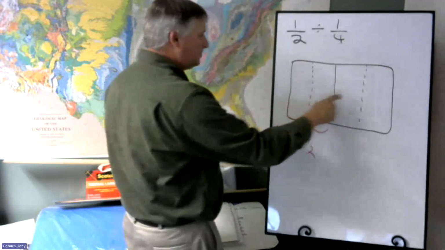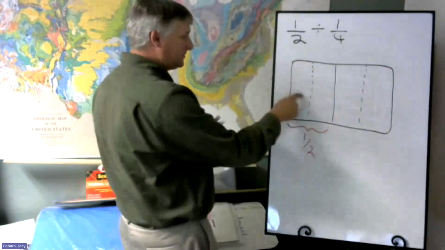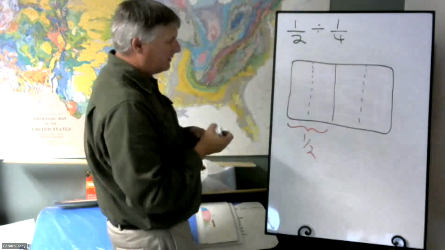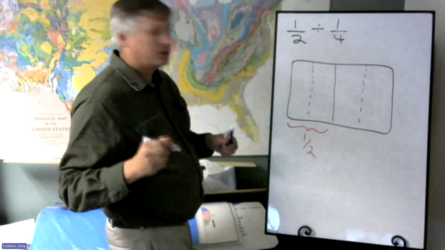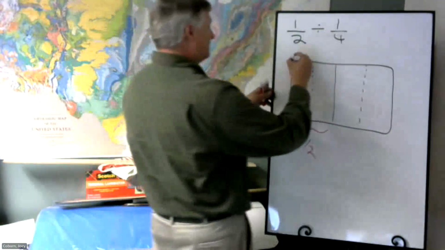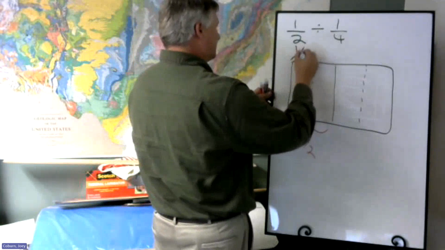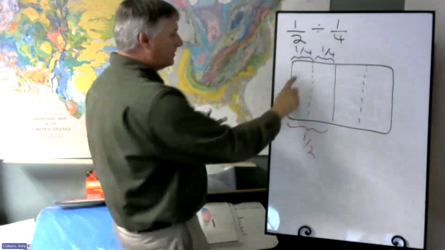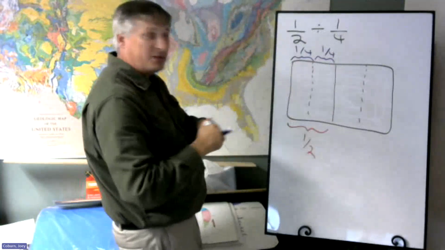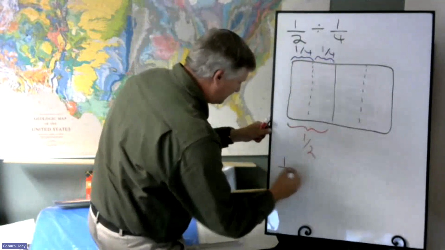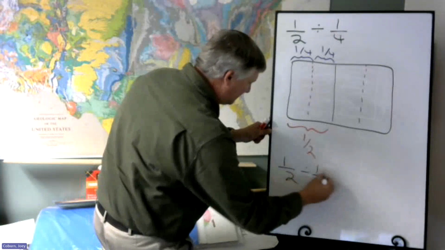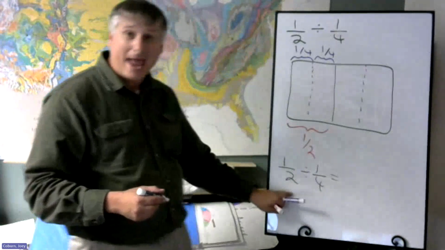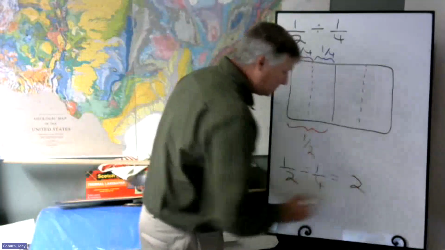And then 1, 2, 3, 4 fourths. This is a fourth, this is a fourth, this is a fourth, and that's a fourth. So how many fourths are found in a half? Well, there's a fourth. There's another fourth. There's two of them, 1, 2. So this means 1/2 divided by 1/4, or asking the question, how many times does a fourth go into a half? The answer is 2.